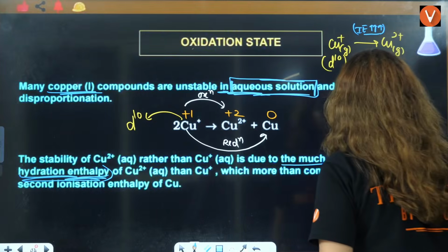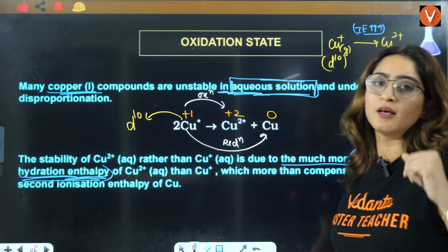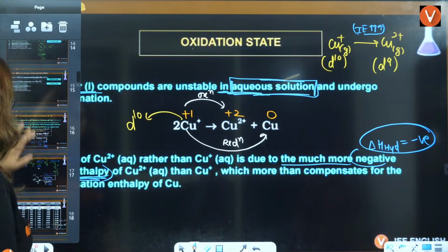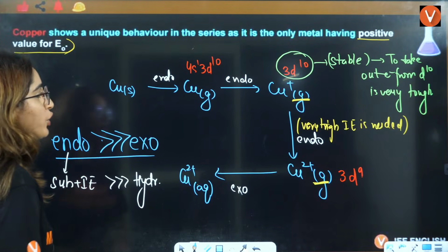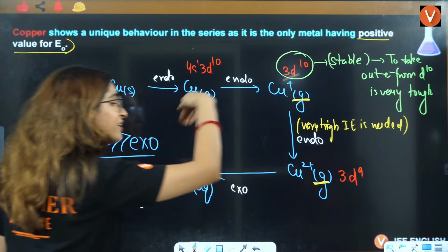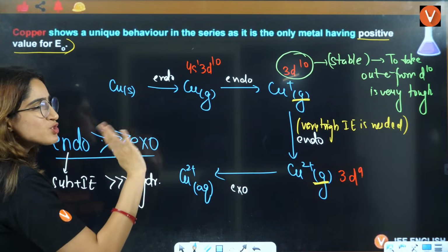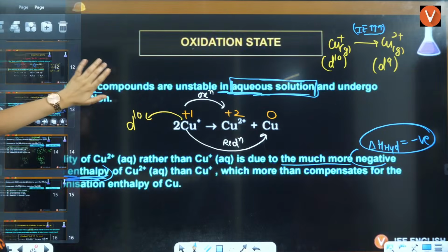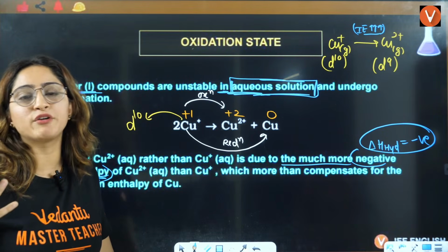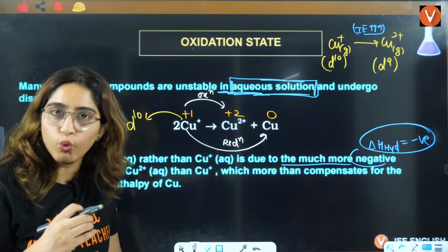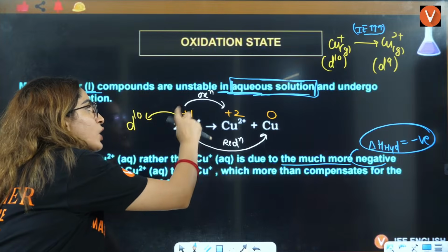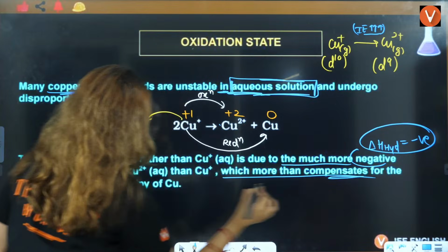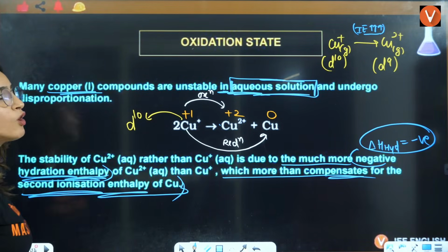I told you that whenever there is hydration, energy is released. In the gaseous case, you convert gaseous ions into aqueous solution and energy is released, which was not enough. But here, so much hydration enthalpy is able to compensate for the energy required for this transition of Cu2+, and more than compensates for the second ionization enthalpy of Cu.